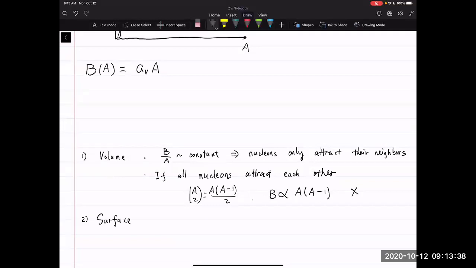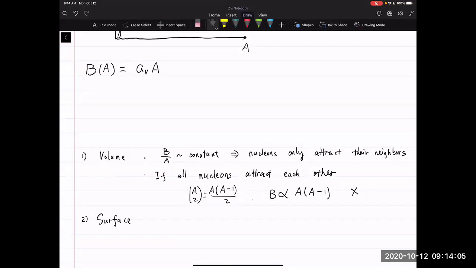In the previous model, when we consider the total binding energy proportional to volume, we assume a uniform distribution of the nucleus, and every nucleon interacts with its neighbors. But at the surface, the nucleons do not have as many neighbors as in the center. Outside the surface, there's nothing.